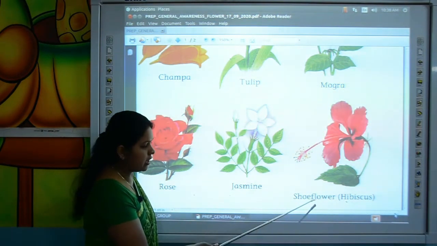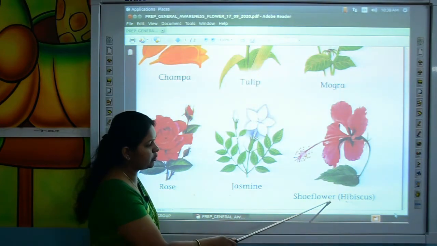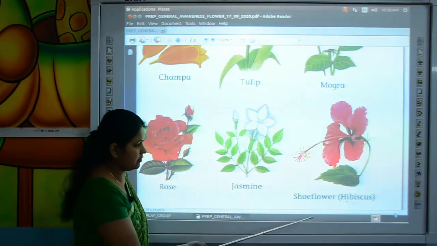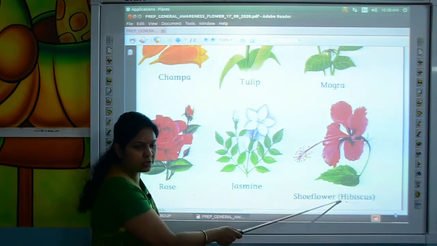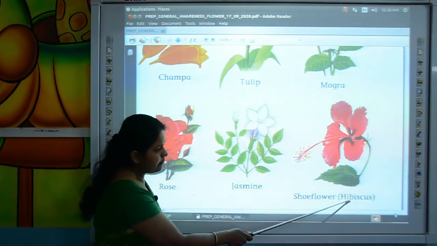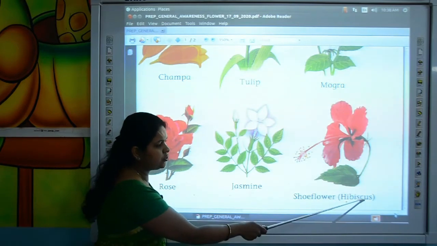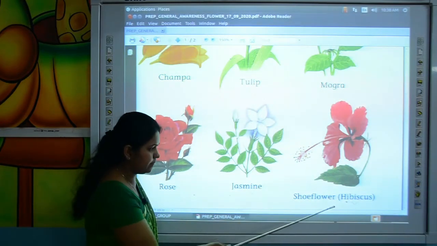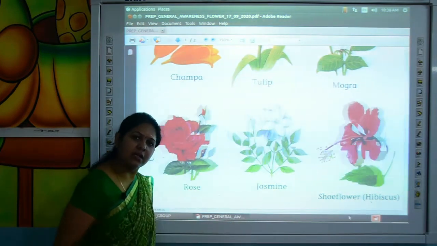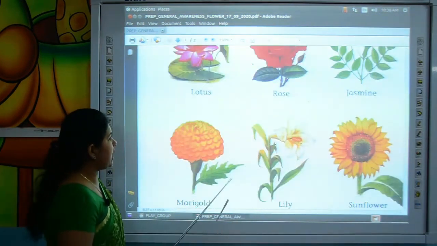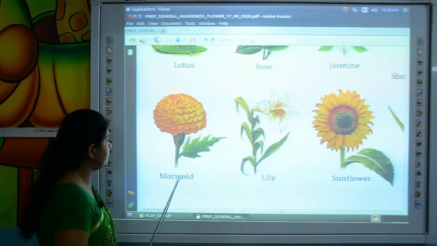S-H-O-E, shoe, F-L-O-W-E-R, shoe flower. Or we can say this flower hibiscus also. H-I-B-I-S-C-U-S, hibiscus. Now the next flower is marigold.